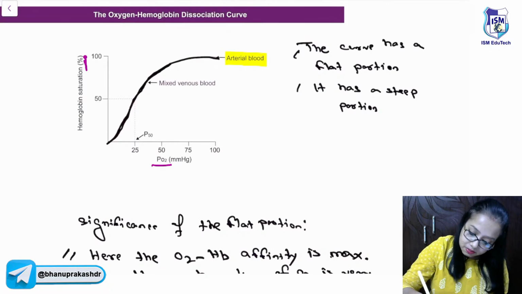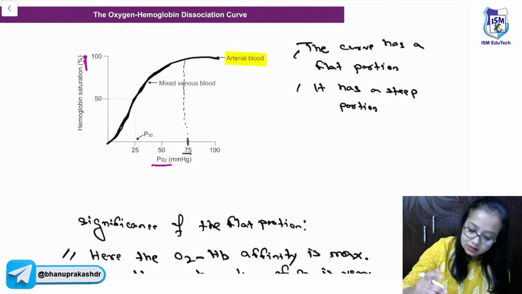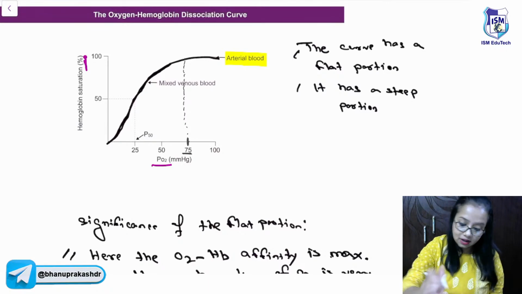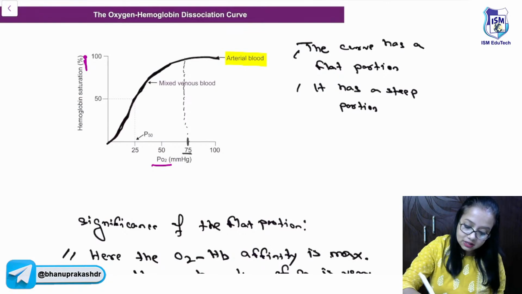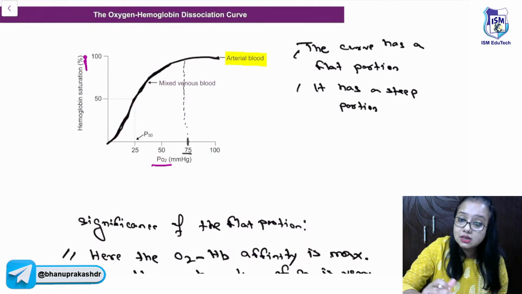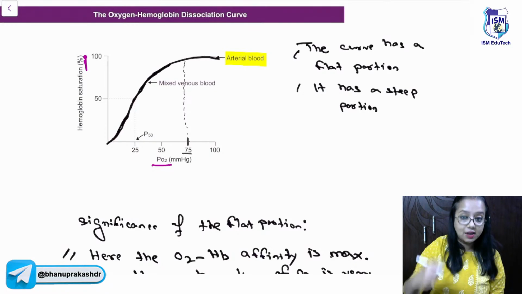Now when the partial pressure drops from 100 to 75, if we draw a line that goes vertically and joins the graph, here also we see that when the partial pressure drops from 100 to 75, still the oxygen hemoglobin association affinity, the binding, is very, very strong. Meaning there is no detaching of the oxygen from the hemoglobin.